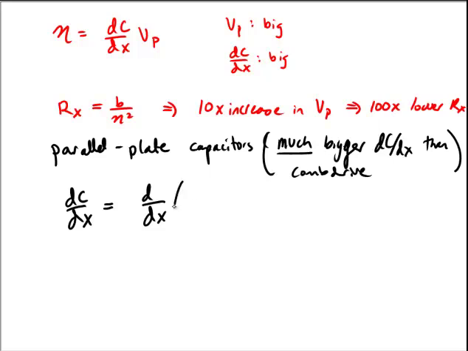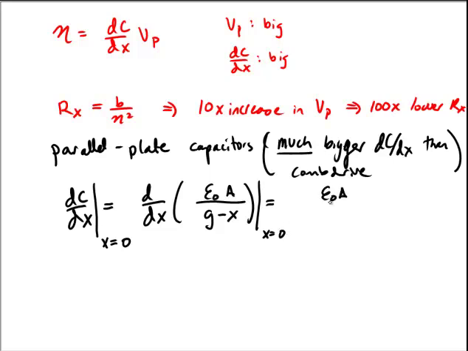I want d/dx of epsilon naught A over (g minus x). When we evaluate this at the nominal operating point x equals 0, we take d/dx and substitute x equals 0, we get epsilon naught A over g squared.